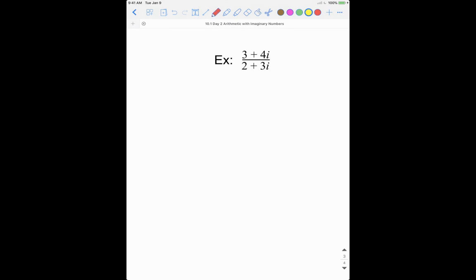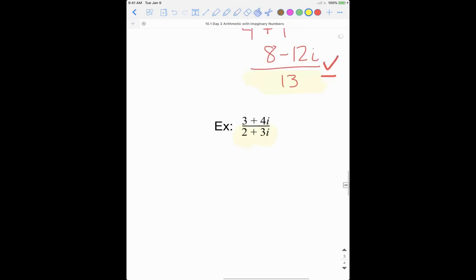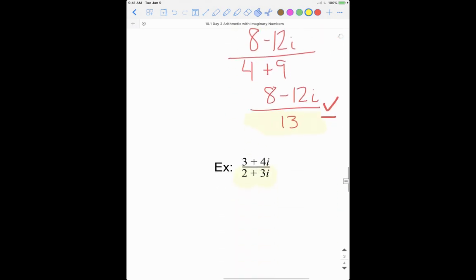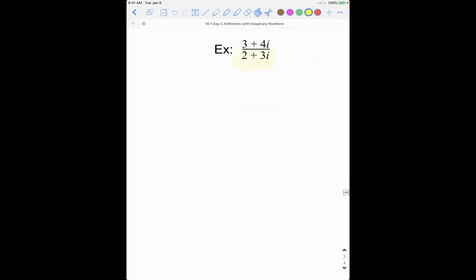In this case, again, we have two pieces in our denominator. We have our 2 and we have our 3i. Oh, well, that's a little less fun. What should we be multiplying by? We've got to multiply by the complex conjugate. And notice our denominator is the same as the previous example, so all we've got to do is flip it to a 2 minus 3i.